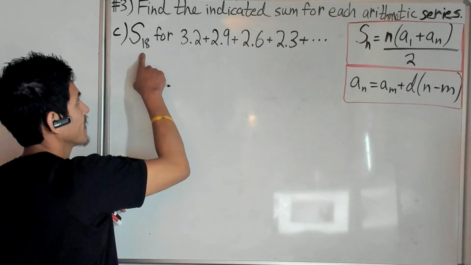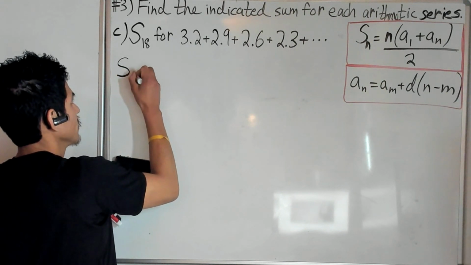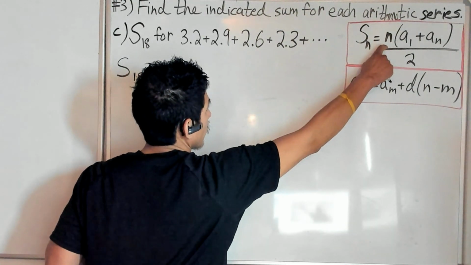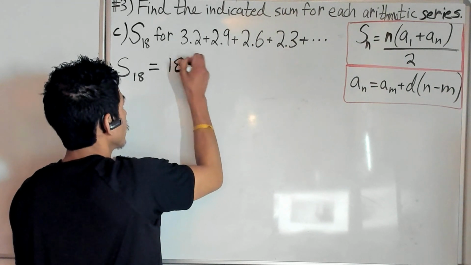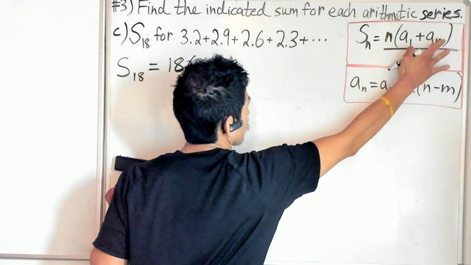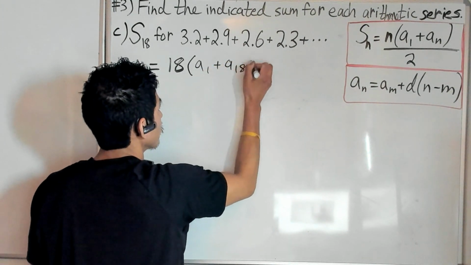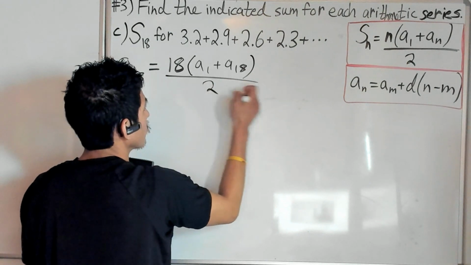So we want to find the sum of the first 18 terms, S18. We're going to need to have n be 18 times a1 plus a18 over 2.